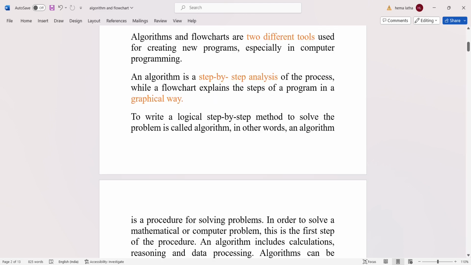Here we have two different tools: one is algorithm and another one is flowchart. Algorithm means step-by-step analysis of the process, and flowchart means through a graphical method we are going to show the process. So let us discuss algorithm first.